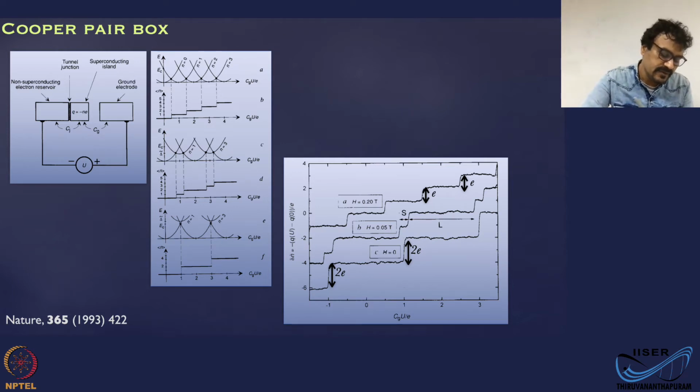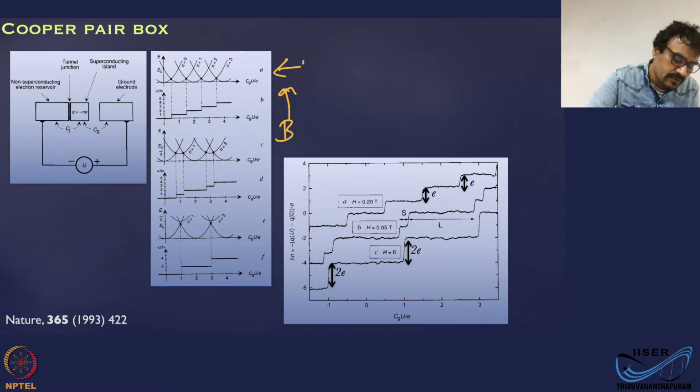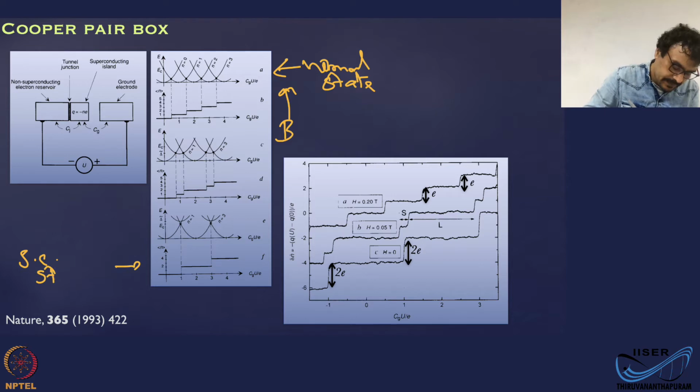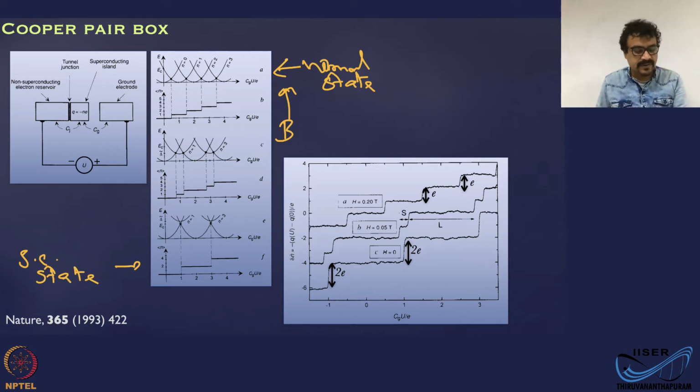When you apply a higher field, this will be a normal state, and this is a superconducting state. So you are taking the island from superconducting to normal, and you can see that the step size is changing from 2e to 1e.